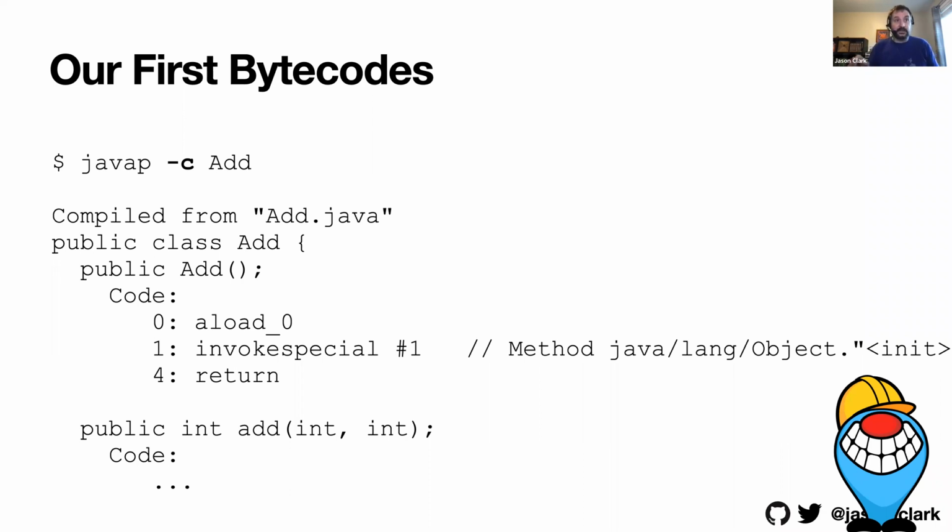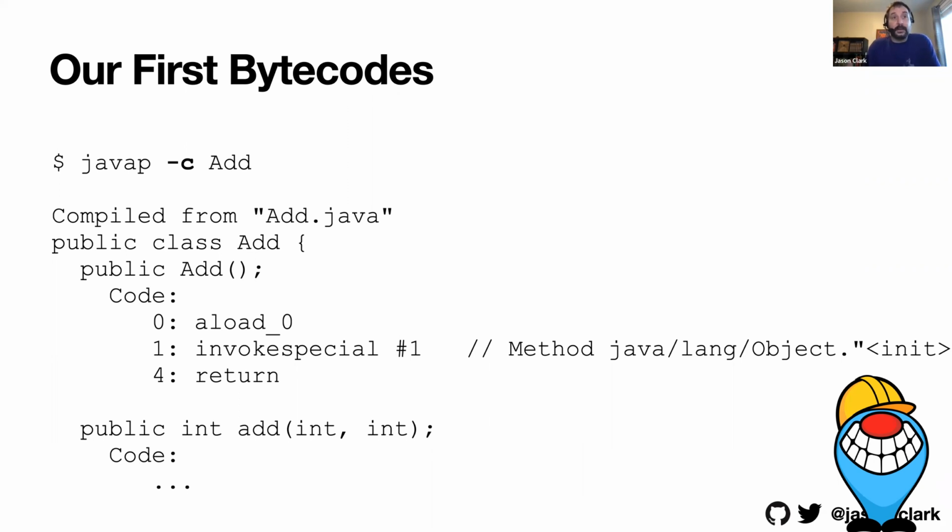When we pass -c, it's going to emit all of the bytecode as code from the class file that it's reading. If you don't give it that, it'll give you information about the classes and might give some method names, a more stripped down view, but we're really interested in what all of the actual instructions are.